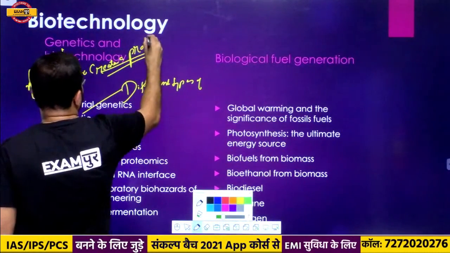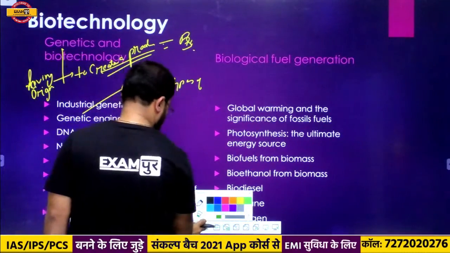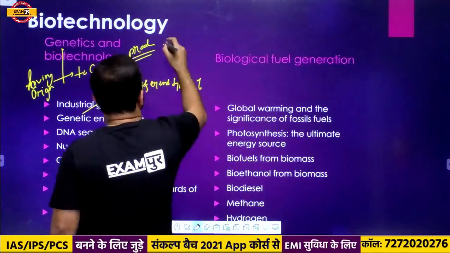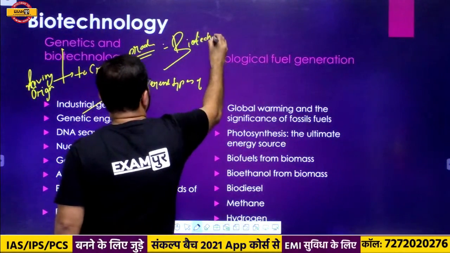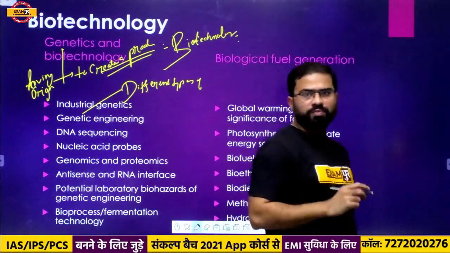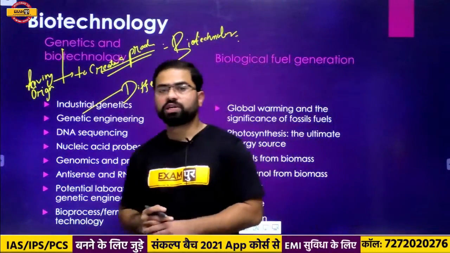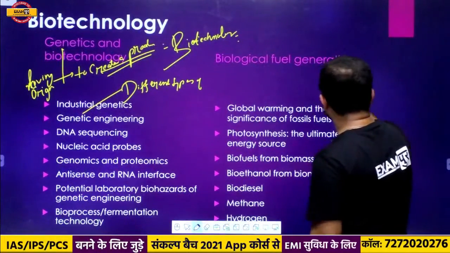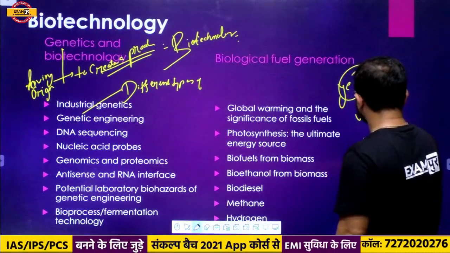Simply, it's called biotechnology. जैसे मान के चलिए कि बेकिंग ऑफ ब्रेड. सो ब्रेड इज प्रिपेयर्ड विद द हेल्प ऑफ बायोटेक्नोलॉजी, बिकॉज हमें ब्रेड प्रिपेयर करने के लिए वी आर यूजिंग द ईस्ट. ओके, ब्रेड प्रिपेयर करने के लिए हम लोग वी आर यूजिंग द ईस्ट, ठीक है. सो यूज ऑफ माइक्रो ऑर्गेनिज्म.